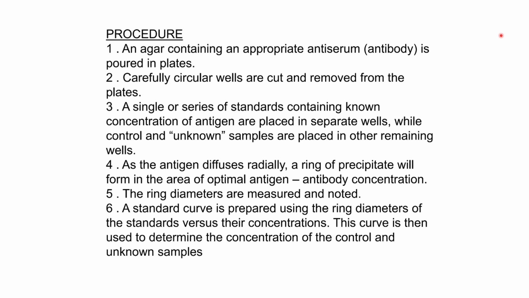As the antigen diffuses radially, a ring of precipitate will form in the area of optimal antigen-antibody concentration. The ring diameters are measured and noted. A standard curve is prepared using the ring diameters of the standards versus their concentrations, and this curve is then used to determine the concentration of the control and the unknown sample.